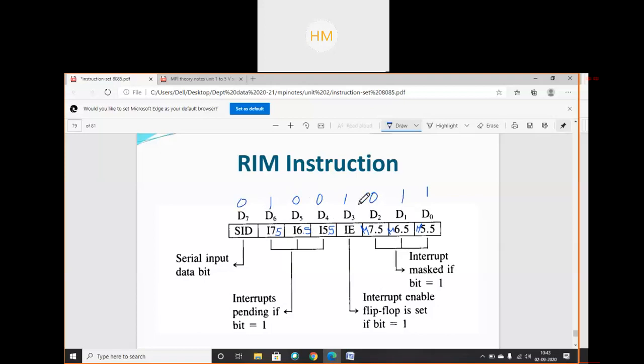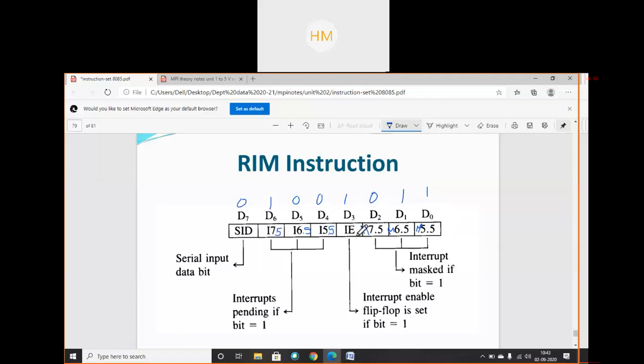So whatever the contents of the accumulator will be stored by the RIM instruction. Now what will happen, depending on that, I have the interrupt mask: if the bit is 1, both bits are 1, so what will happen, RST 5.5 and 6.5 will be masked. These interrupts will be masked. Okay, and this is an unmasked interrupt.